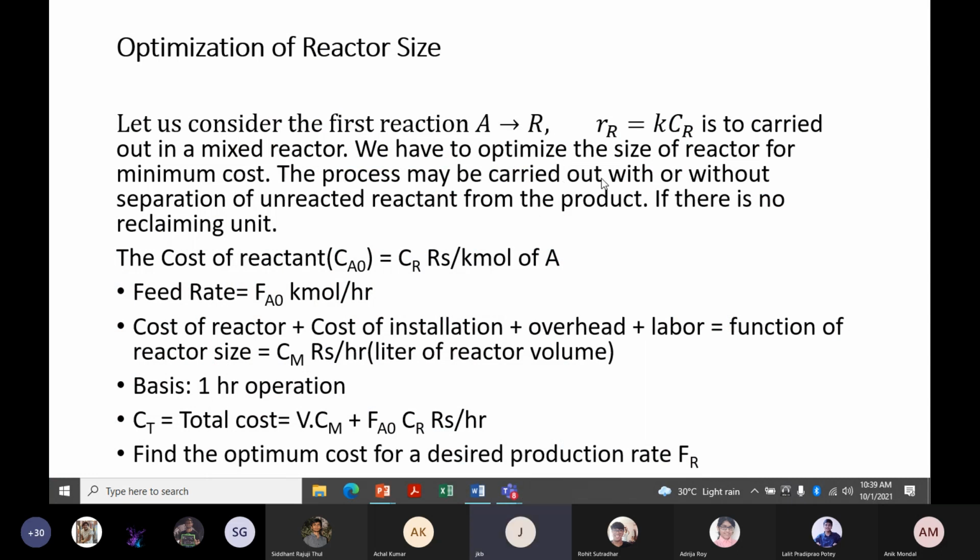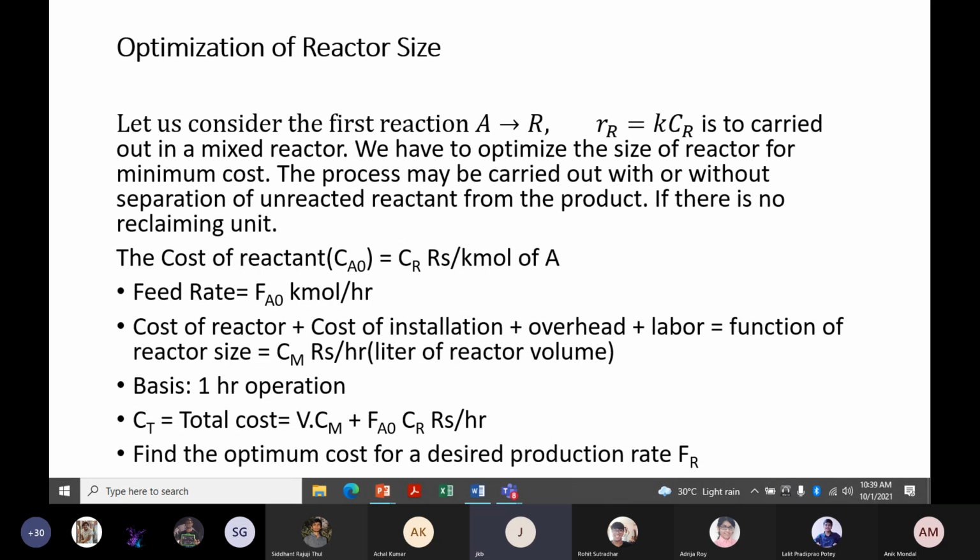The process may be carried out with or without separation of the unreacted reactant. So this optimization we can perform for either a reactor connected with a separator or a reactor without a separator. See, if the purity of the product is 98%, 99%, and you are satisfied with this purity, do not use a separator.